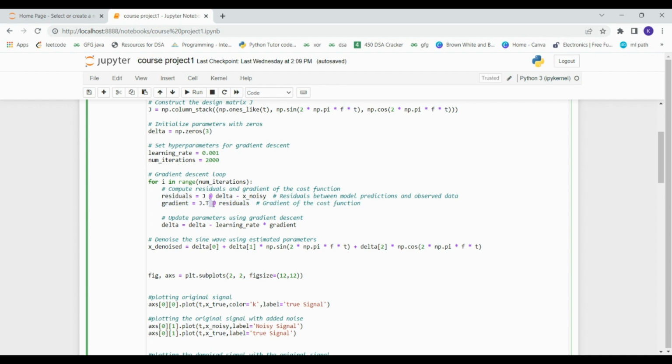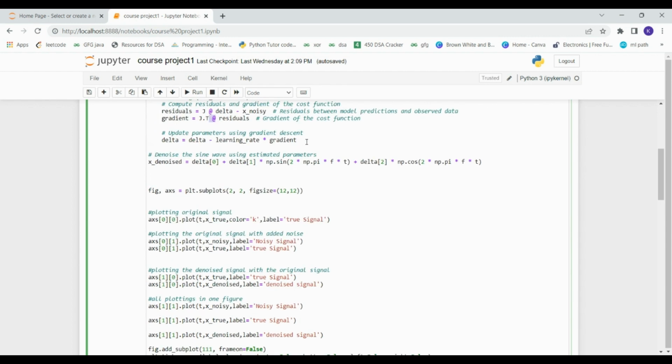Here the at symbol mentions the matrix multiplication in NumPy. Then it calculates the gradient of the cost function and updates the parameters delta. By using this equation, we update the parameters delta. And after completing all iterations, we get delta values.